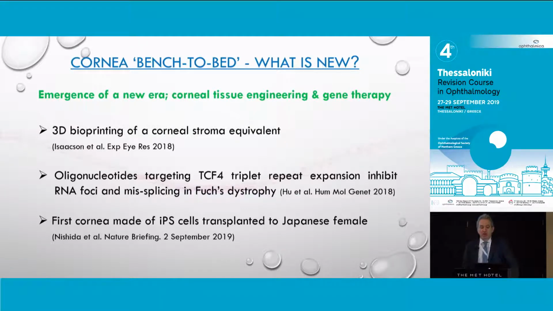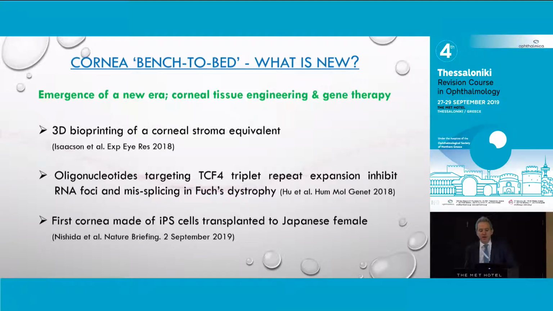Now, we know that there is a triplet nucleotide repeat in the TCF4 gene on chromosome 18, and the expansion of this CTG repeat is associated not only with the occurrence of the disease, but also with the progression of the disease to end-stage Fuchs dystrophy.